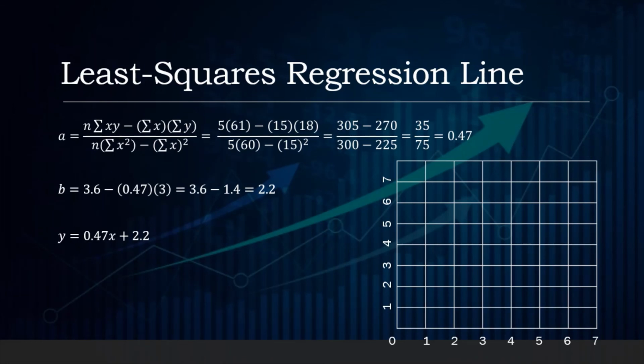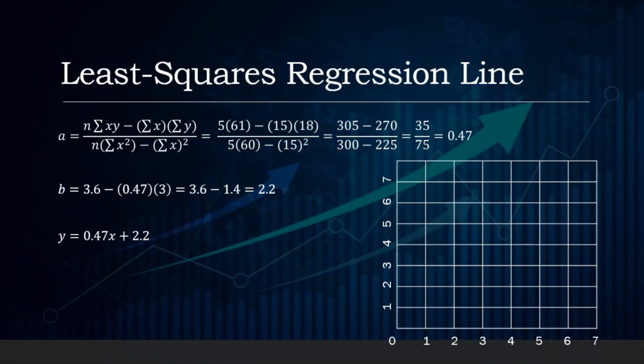A equals 5 times 61 minus 15 times 18 divided by 5 times 60 minus 15 squared equals 305 minus 270 divided by 300 minus 225 equals 35 divided by 75 equals 0.47.